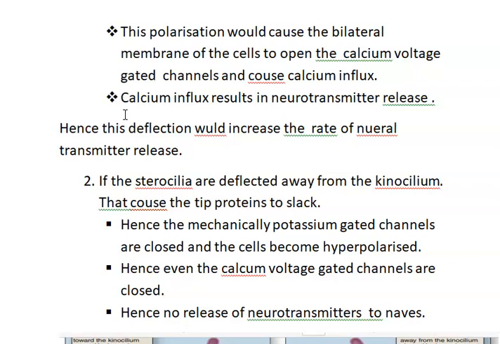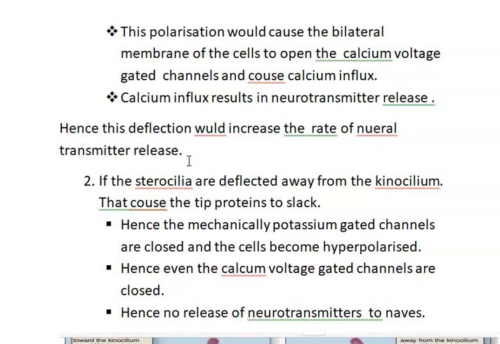This calcium getting in will result in neurotransmitter release. Hence, this deflection would increase the rate of neurotransmitter release. Because these calciums that are getting in are causing the neurotransmitters to be released from the cell. When they are released from the cell, they reach the afferent terminal endings.